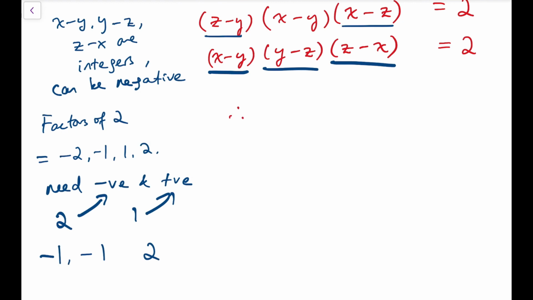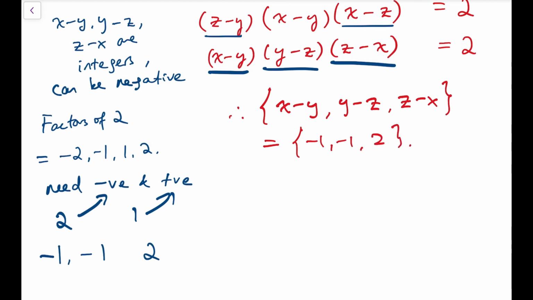So that means x minus y, y minus z, z minus x is equal to either one of these numbers. And the next question is, what does each expression take exactly? Can we have, for example, x minus y to be 2, and the other 2 to be -1?